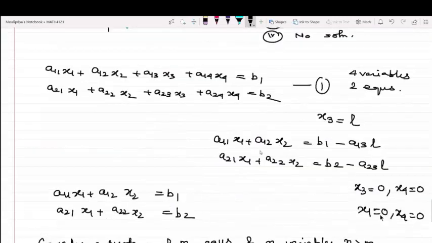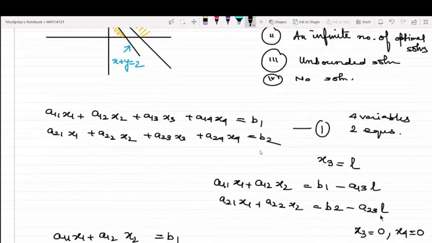If I concentrate on this very small one, here we have 4 variables and 2 equations, right? Now, in order that we are able to solve it, we should be reducing it to a 2 cross 2 system. Am I correct?